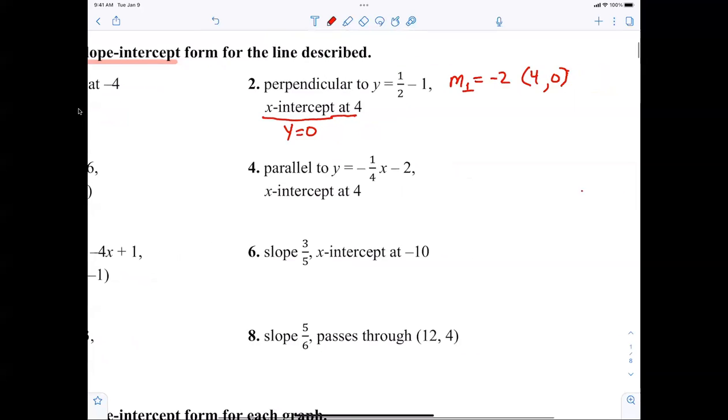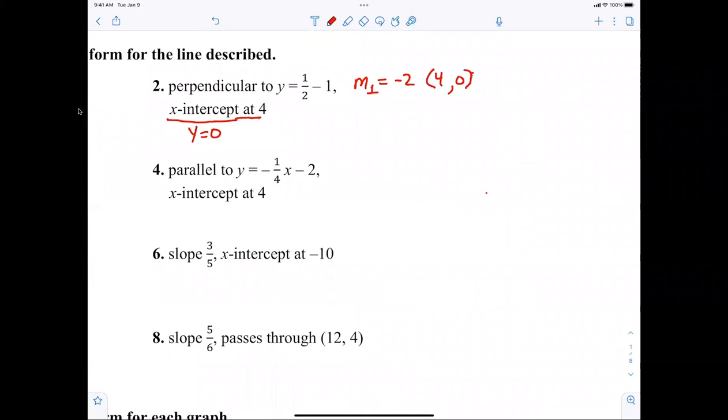Now, I tell kids the best way, because you have a slope and a point, is to use point slope form first. So y minus the y value, which is 0, equals the slope, -2, in parentheses, x minus 4.